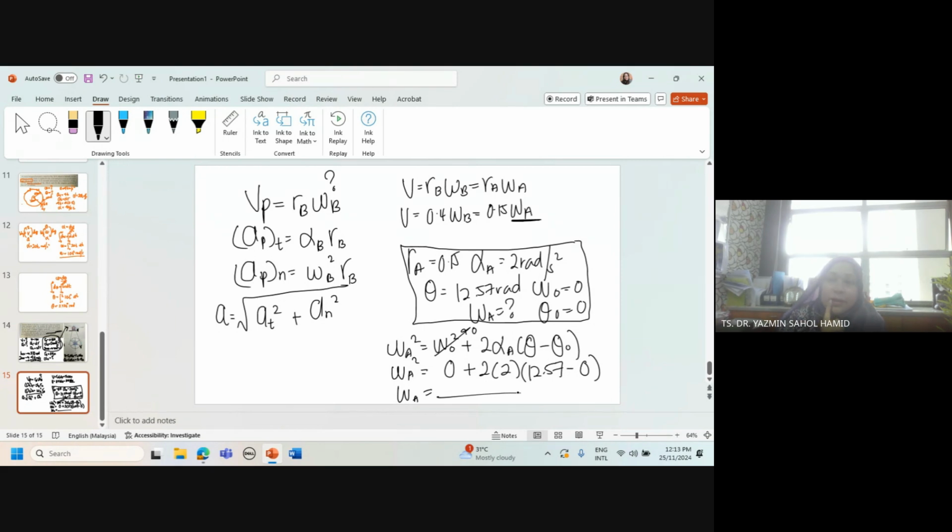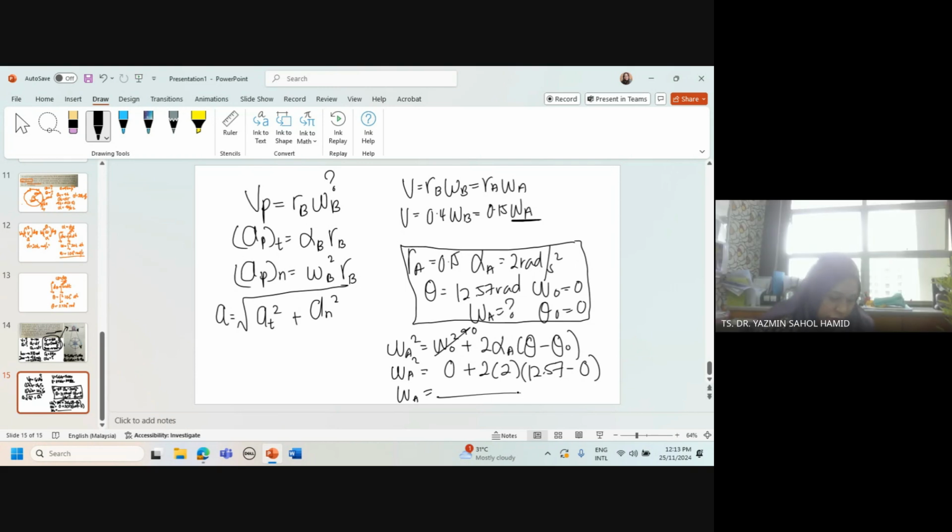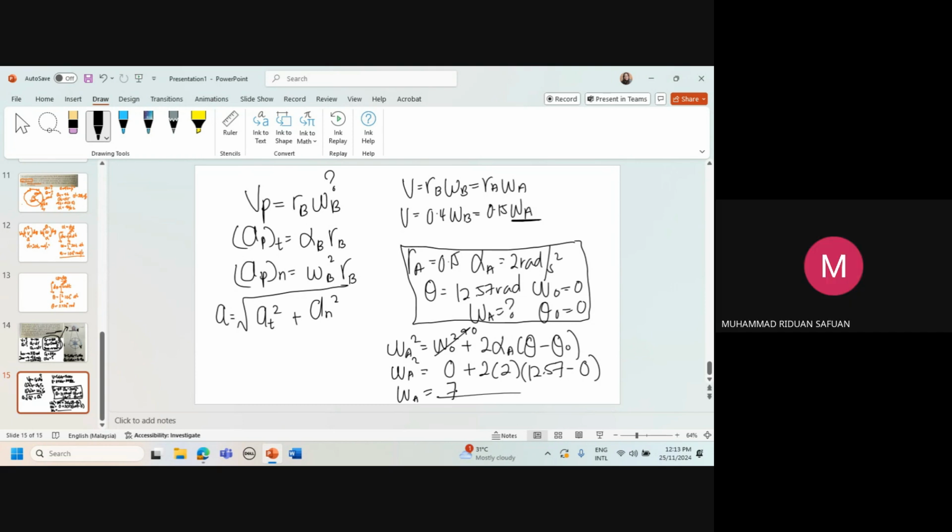Dapat apa? Namanya kira? 7 point 50.28. tak lah, 7.09 kan?